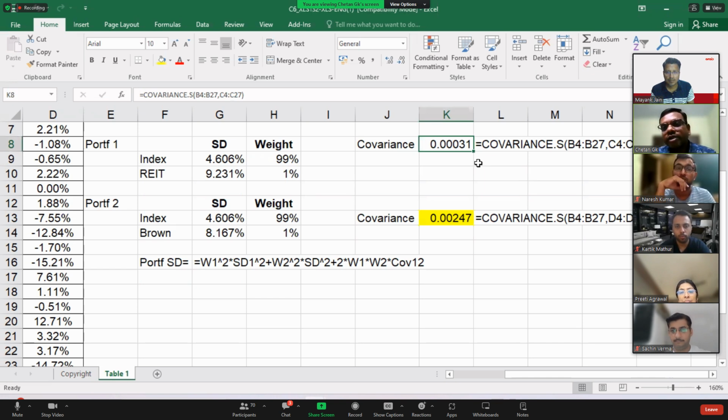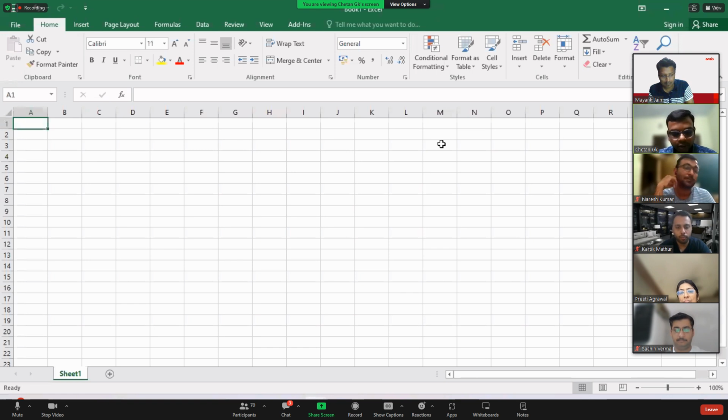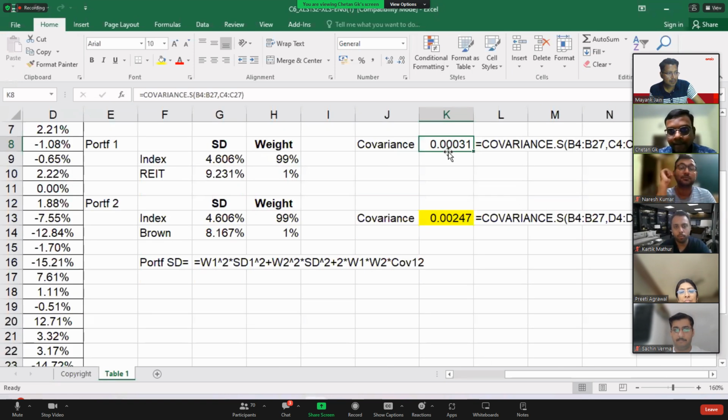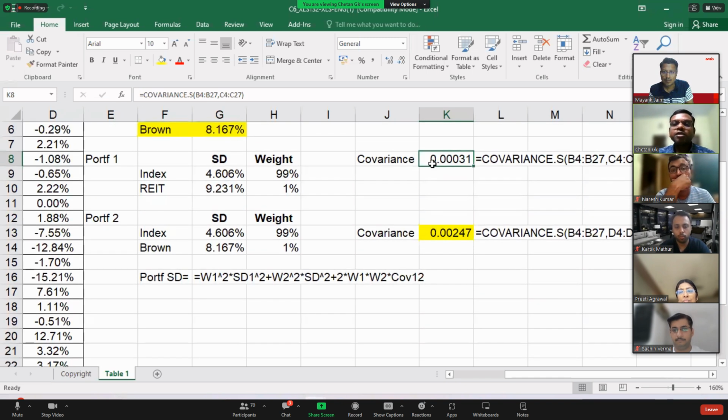Let us concentrate on this number, 0.0031. It is a positive number. Positive covariance means if the index is going up, REIT is also going to go up.